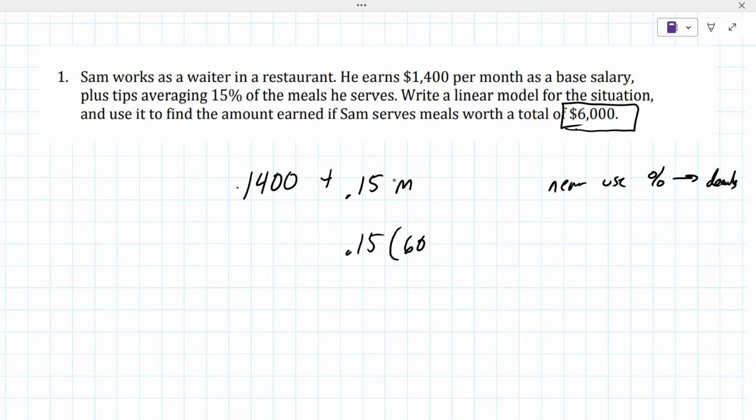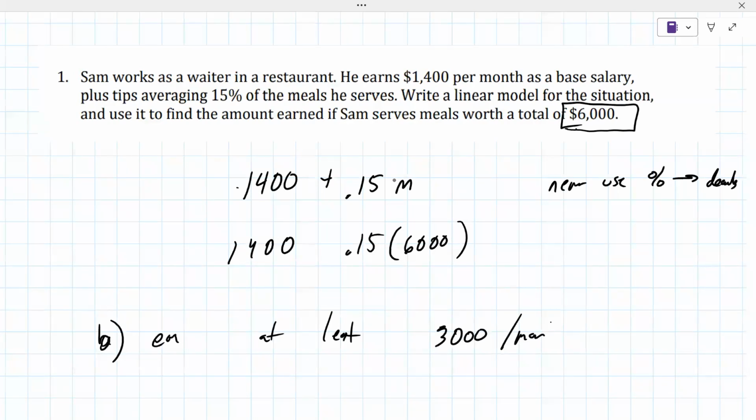So let's turn this into an inequality here. Let's say, part B, that he needs to earn at least $3,000 a month. Could you write the inequality for this, please?